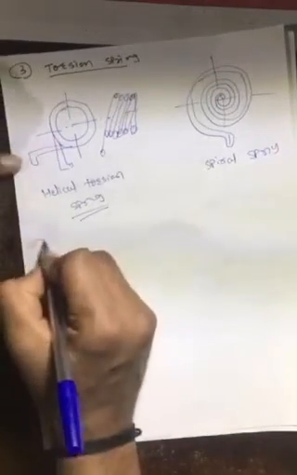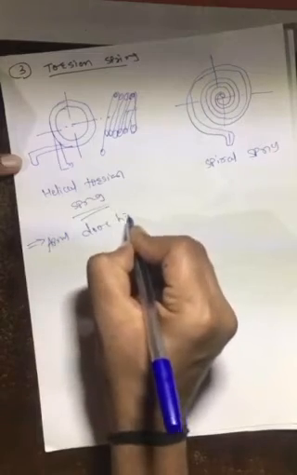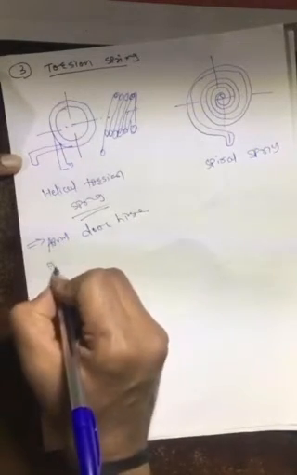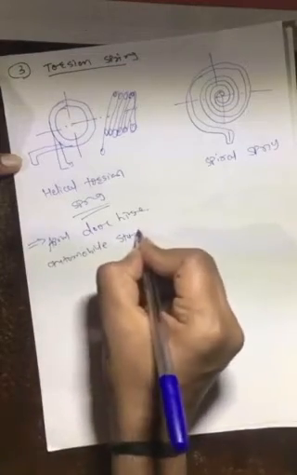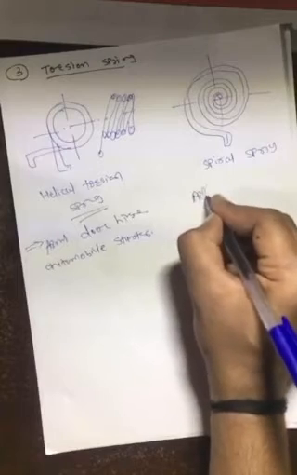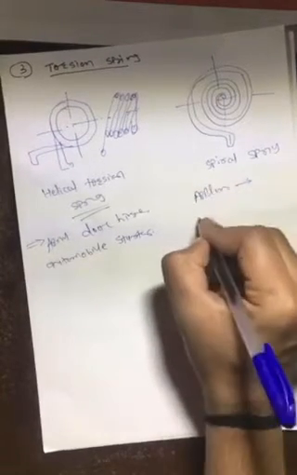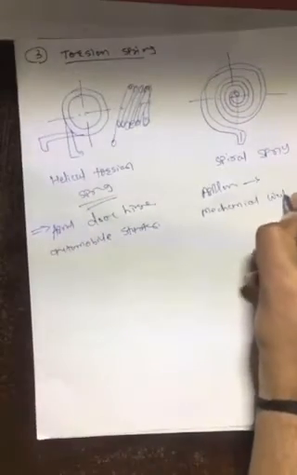Okay, the applications are door hinge and automobile starter, and the spiral spring is used in mechanical watches.